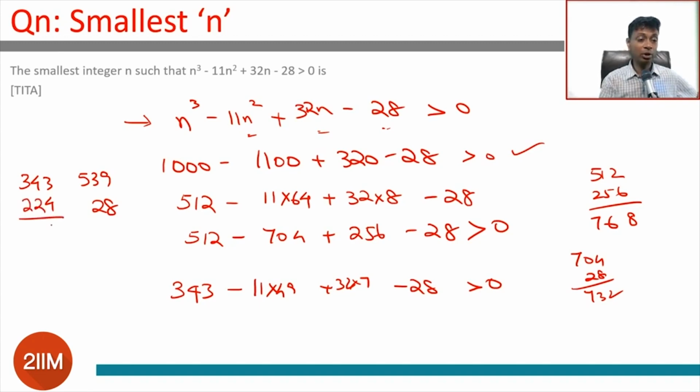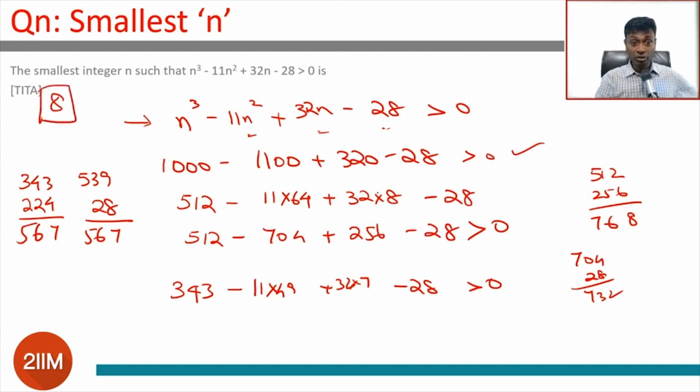Let's add these through. 3 plus 4 is 7, 4 plus 2 is 6, 567. I have a gut feeling this will be 567. So 7 is equal to 0. 8 works. An increasing sequence. So the smallest integer that works is 8.